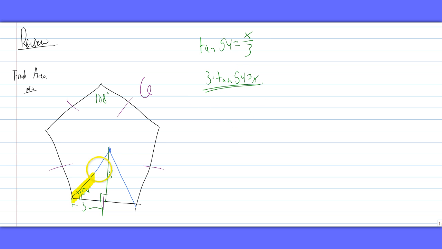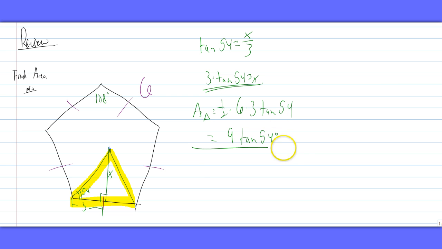So then, the area of this yellow triangle is equal to 1/2 times the base of 6 times the apothem, which was 3 tangent of 54. And then multiplying all that together, we get 9 times the tangent of 54 is equal to the area of that one triangle.